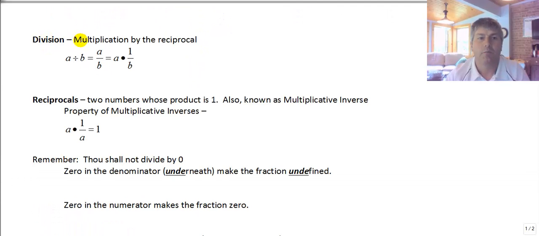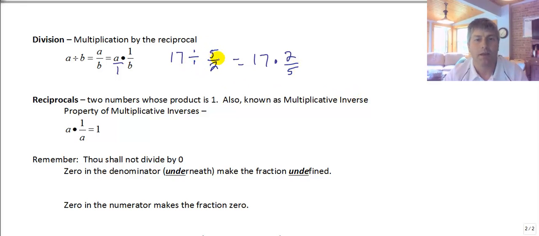Division, by definition, is multiplication by the reciprocal. We've already talked about reciprocals, and we've seen division of fractions, but A divided by B is in fraction form A over B, or A over 1 times 1 over B. So that is A divided by B. So, for example, 17 divided by 5 halves is equal to 17 times 2/5.